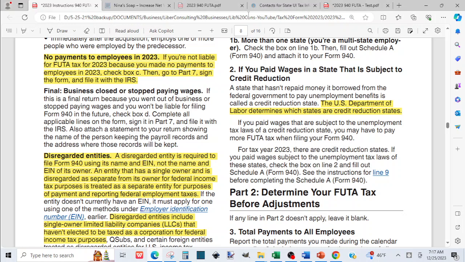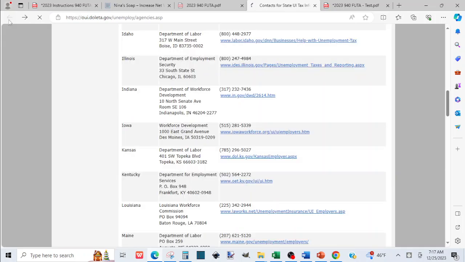And the Schedule A, I'm not sure we can go back. Schedule A is filed for credit reduction states.